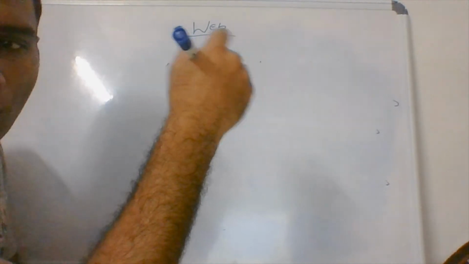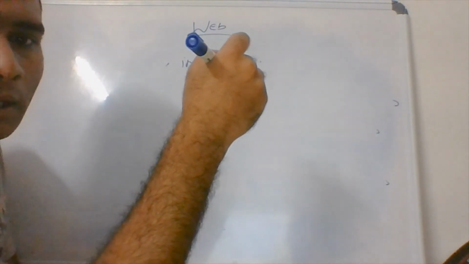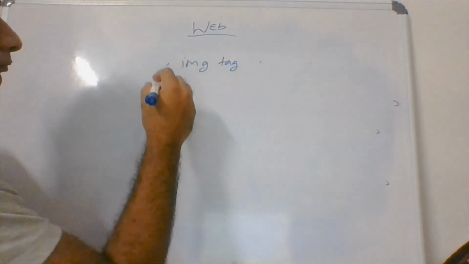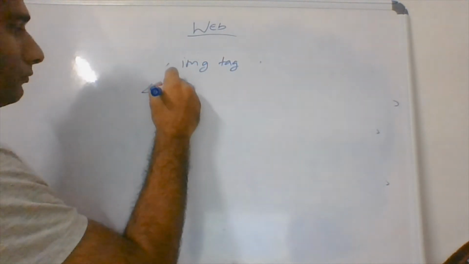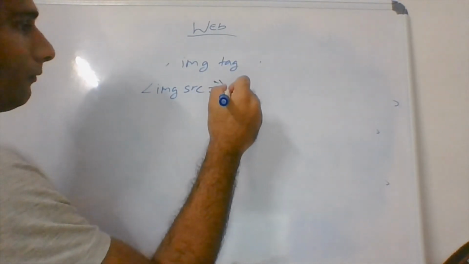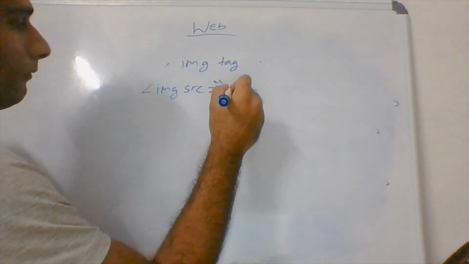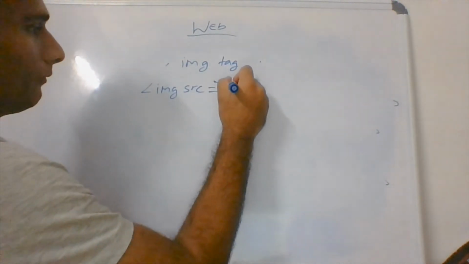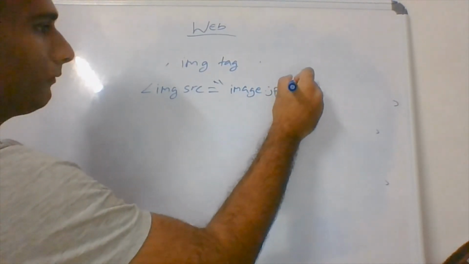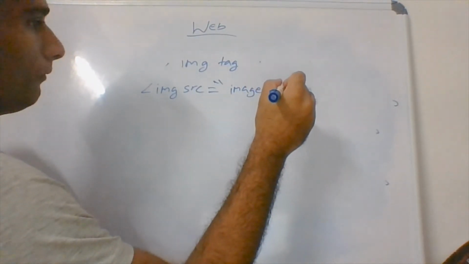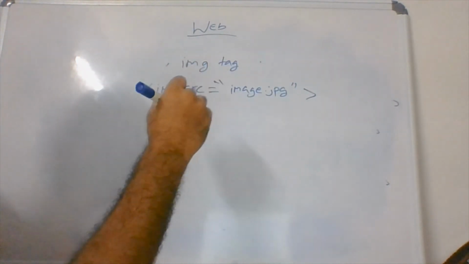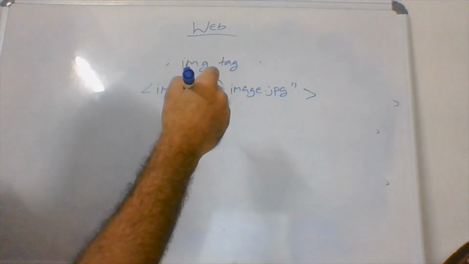The image tag creates a holding space for the referenced image. So this is a basic example of the image tag.